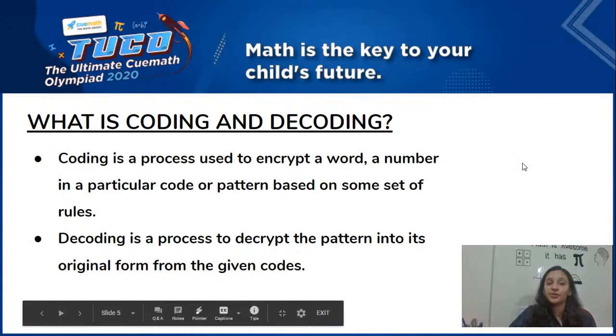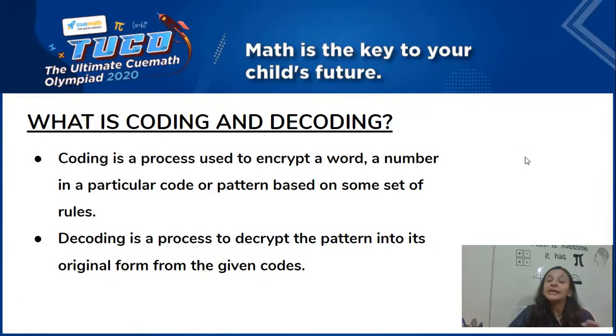It says coding is a process used to encrypt a word. By encrypting, we mean that we give it a new layering so that the actual word is hidden and not revealed to anybody else. Coding is a process used to encrypt a word or a number in a particular code or pattern based on some set of rules, which you yourself can define.